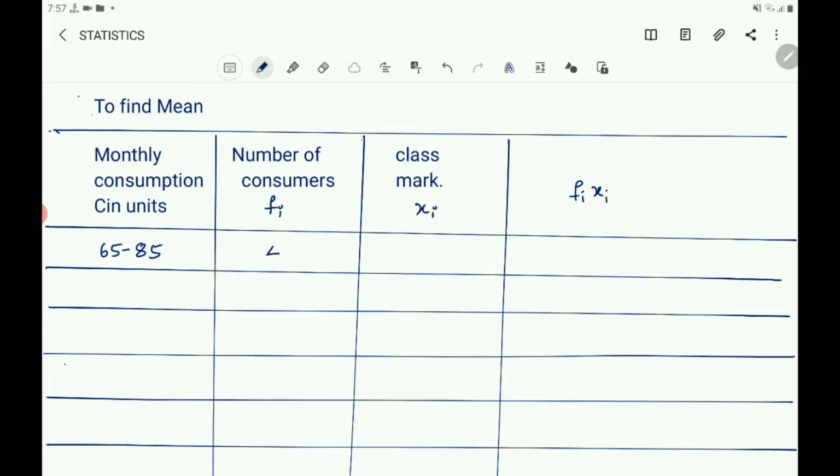Frequency is 4. Then 85, 105. Frequency is 5. Then 105, 125.